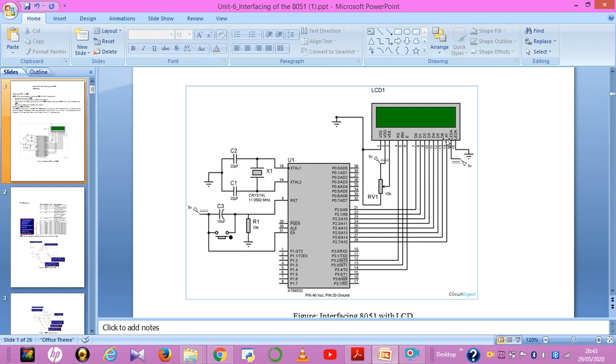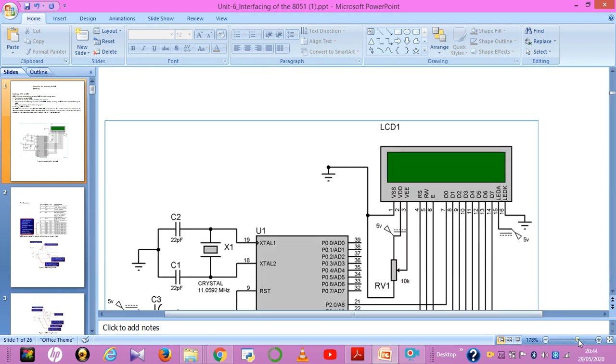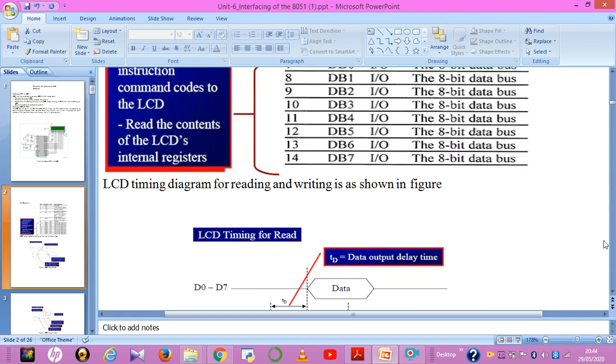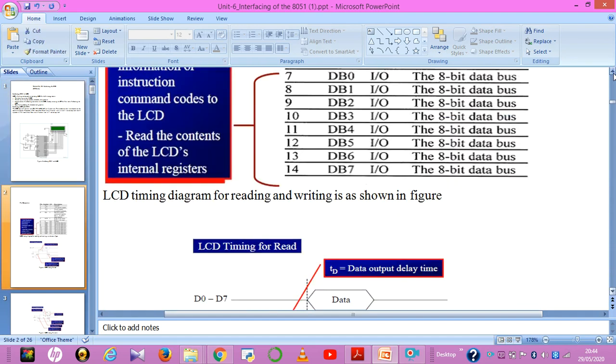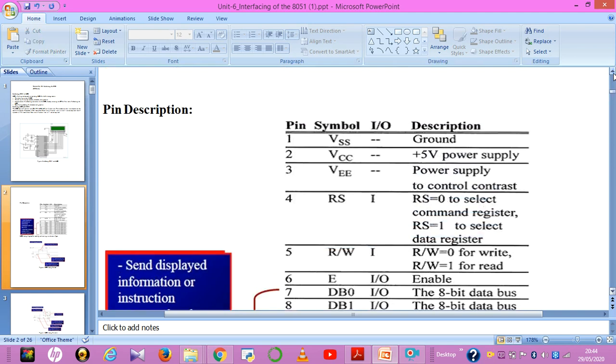This pin description is already given. What is the meaning of RS, RW, E, VSS, VDD and VEE, you can see here, these pin descriptions are given below.